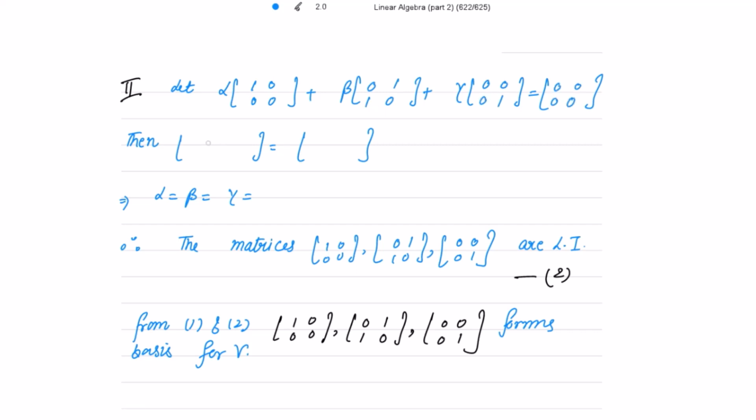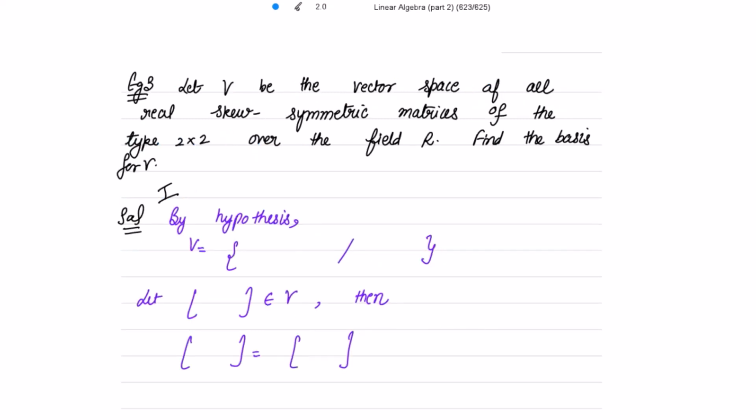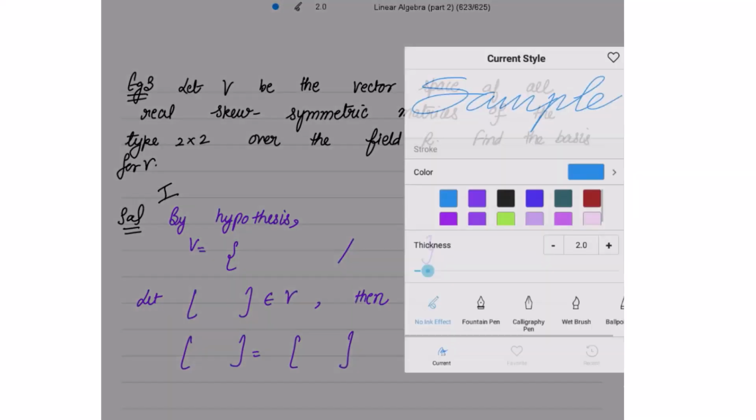If I add all these, I get [alpha, beta; beta, gamma] equal to 0, which means alpha equal to beta equal to gamma equal to 0. So these matrices are linearly independent because all the scalars are coming out to be 0. So from 1 and 2, these matrices form a basis for V. Simple? Okay. Next, example 3.